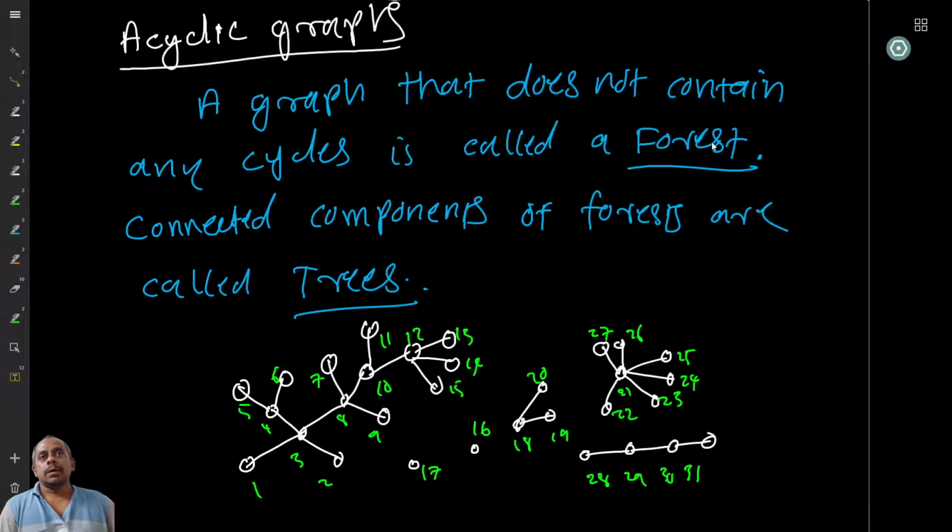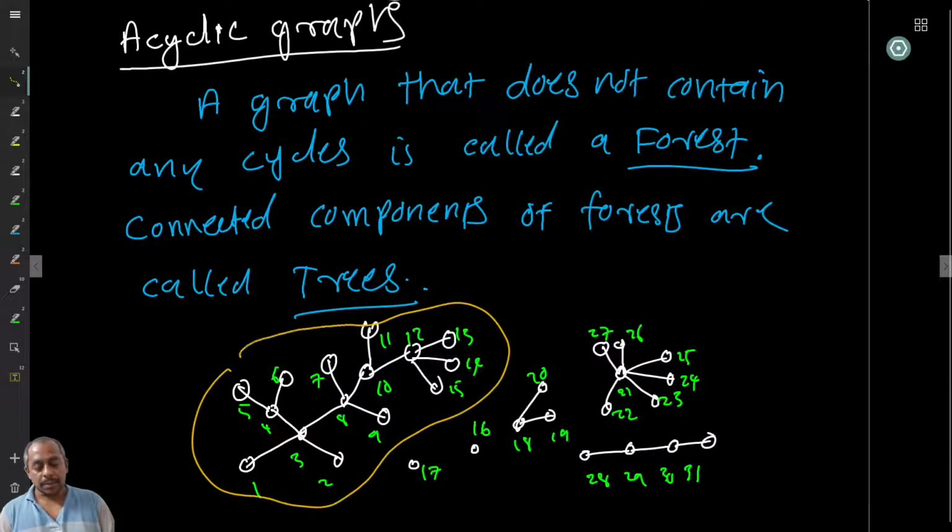Now, here is an example of a forest. You can see this graph represented below does not have any cycles in it. All the components of a forest are called trees. Components are the maximal connected subgraphs, if you remember. You can see that there is this one component.